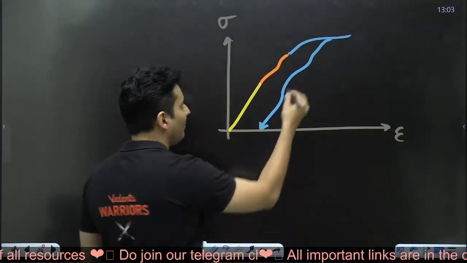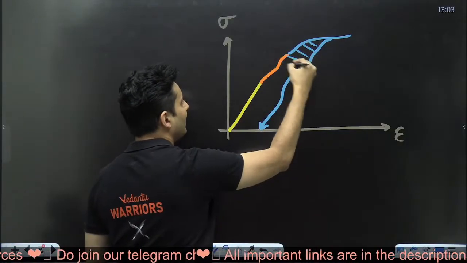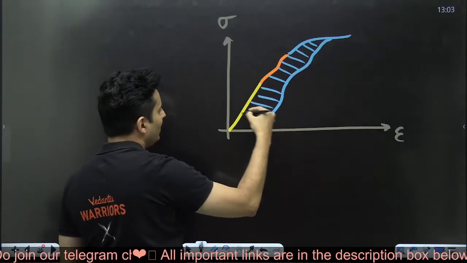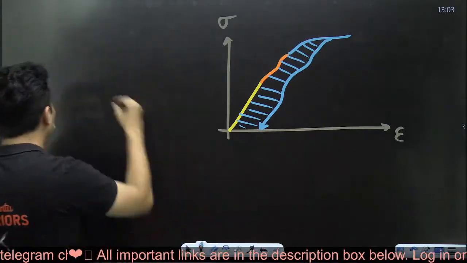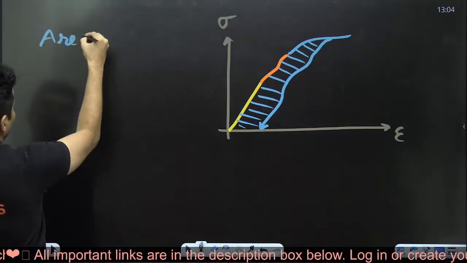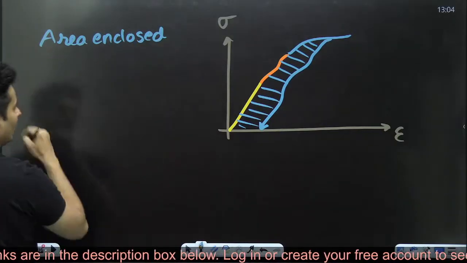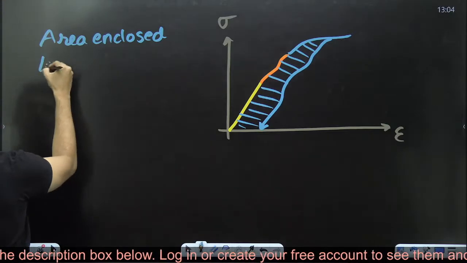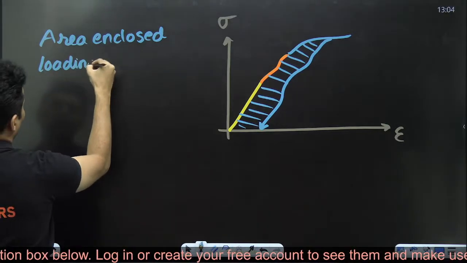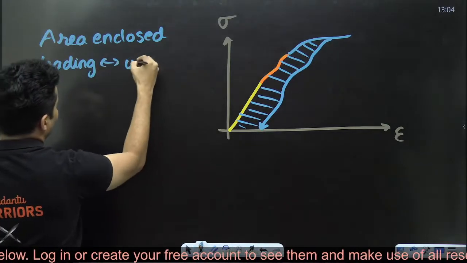So if I happen to measure only this much area, what will be the area enclosed? What will be the area which is enclosed in a loading to unloading cycle?